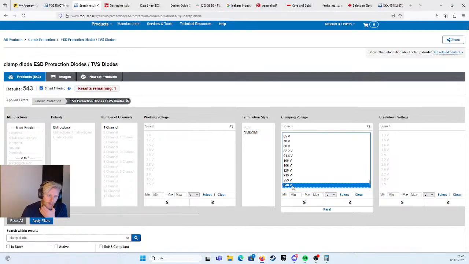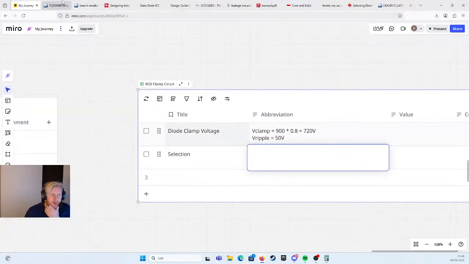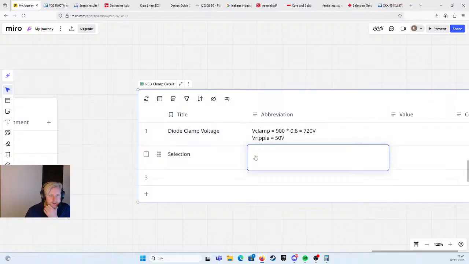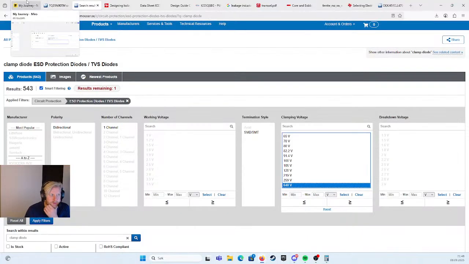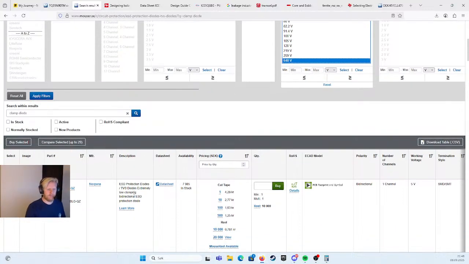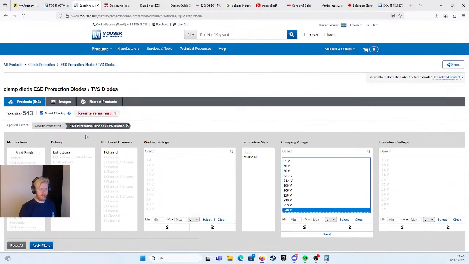Can only find one at 648 volts. In the guide, they selected 640. Extremely low clamping.